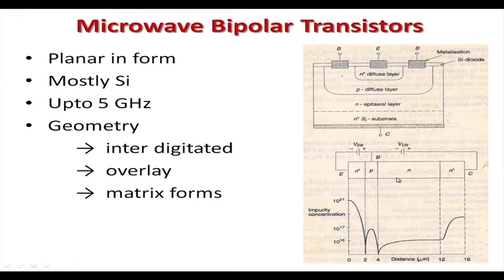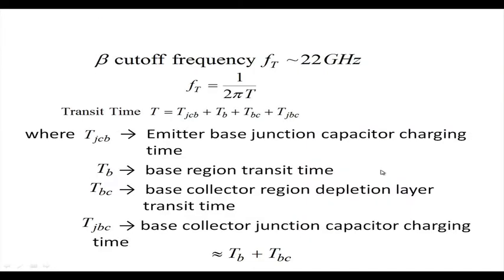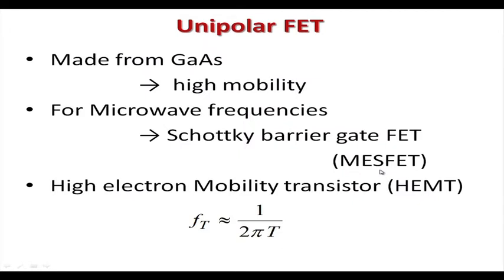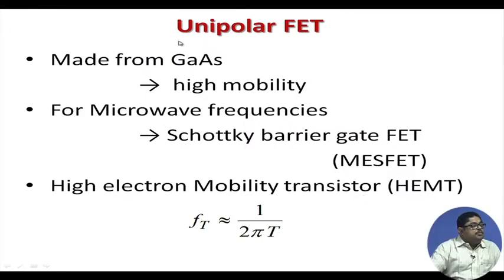So that was about bipolar, but unipolar FETs are mostly made from GaAs, they are high mobility devices. For microwave frequencies, they use a Schottky barrier gate, and that is called MESFET. Also, there is a variety called high electron mobility transistor, HEMT.